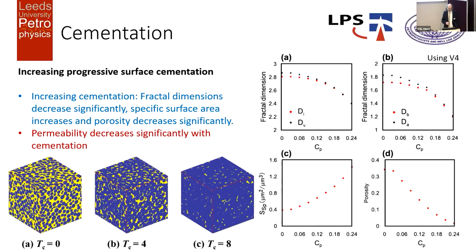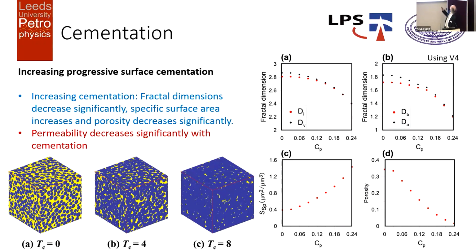So let's look at cementation in the same way. Again, now we have three different thicknesses of cementation going on to our models. The models are created in the same way as before. This is a model, as was the one for compaction, which has, I think, three different sizes, maybe four different sizes of grains.